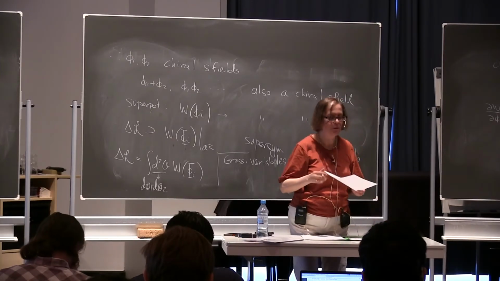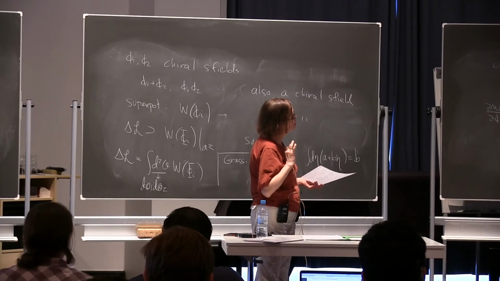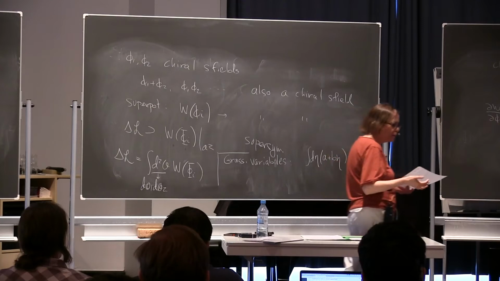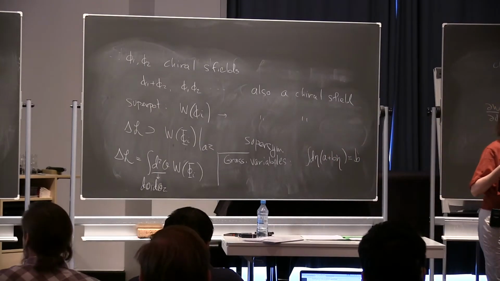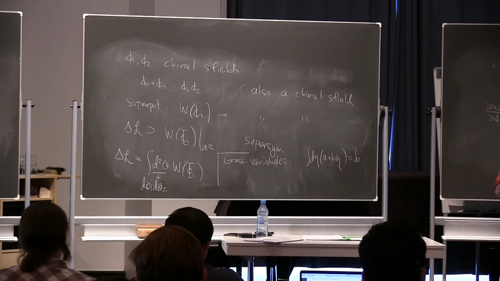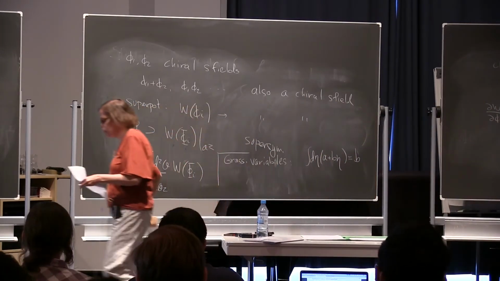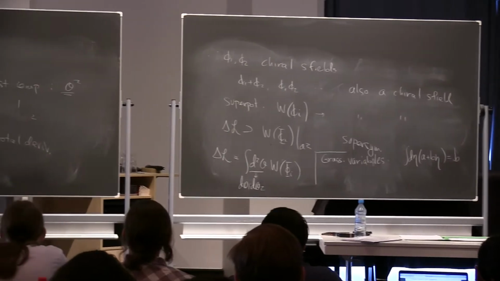So far we know what to do about chiral superfields, but of course if we want to do anything useful with this, we need to know what to do about gauge fields. So let's talk about that. Now we want to introduce gauge fields.